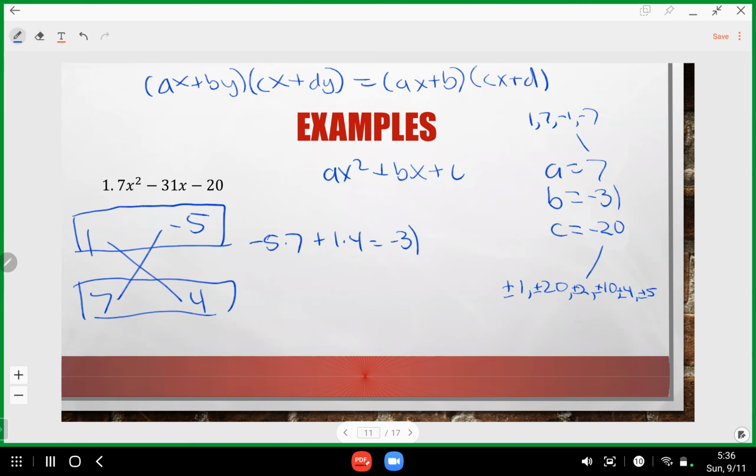If you go across, you see that it's x minus 5, 7x plus 4. That's how you factor. Multiply it out: 7x squared minus 35x plus 4x minus 20. You can see that it is the same.